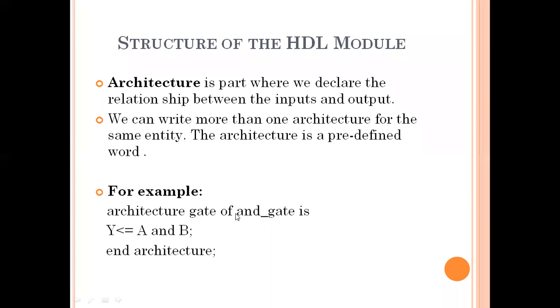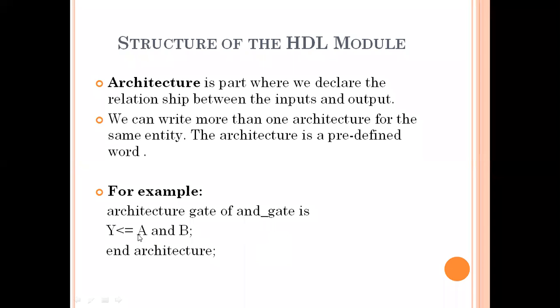Again the predefined word is 'of', followed by the name of the entity, and this entity name is followed by the predefined word 'is'. So this is the syntax to write the architecture body. Within that architecture body, you mention the keyword begin, and with the keyword begin you start writing the architecture body.